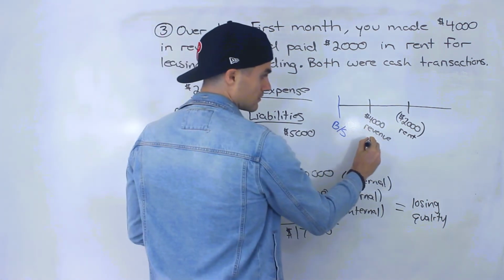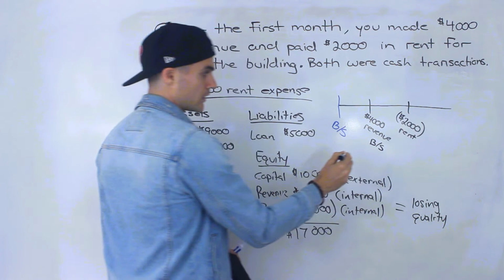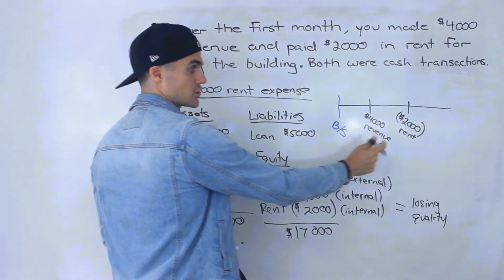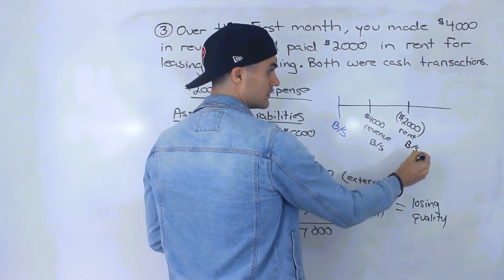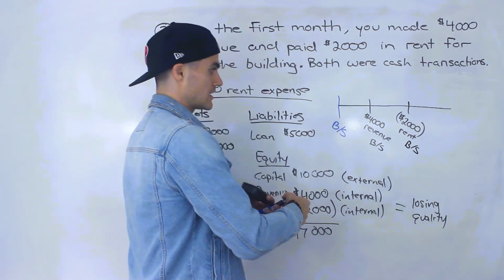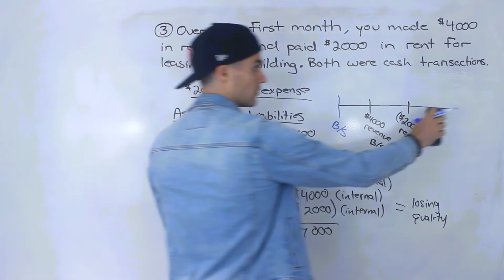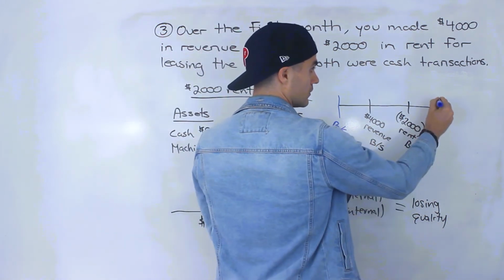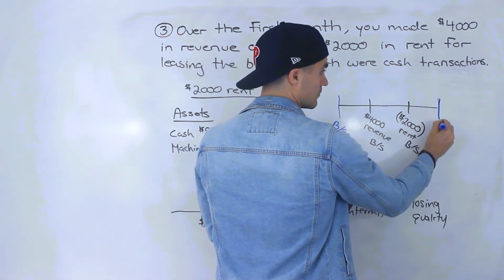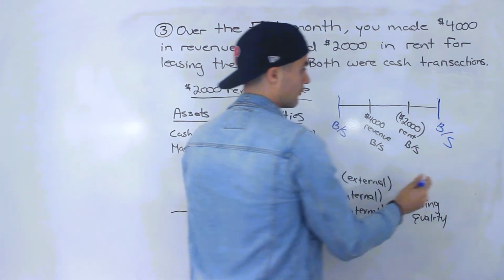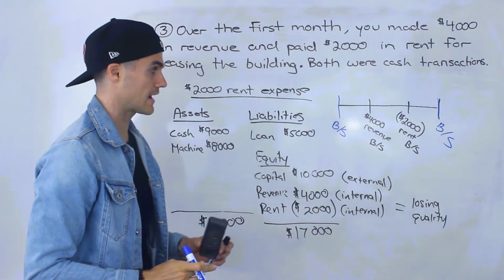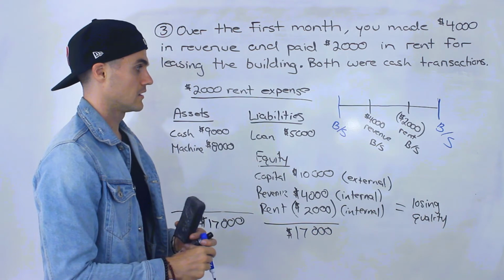And notice here, the balance sheet got affected, the balance sheet got affected. And then at the end of the month, we ended up with this balance sheet here. So this blue, I'm going to represent being the end of the month. There's only these two transactions that happen within this month.